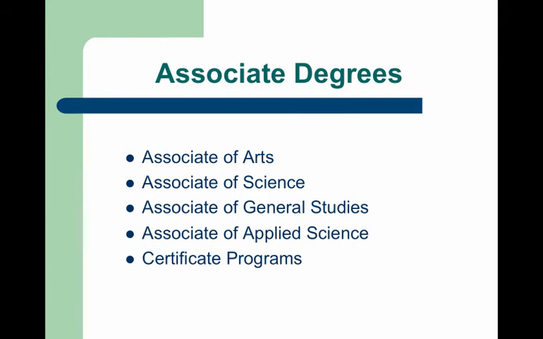But those require only about 17 gen eds, and the rest are in your major. Very minimum, most of those require 35 plus hours in your major. So if you're doing criminal justice, you have to have at least 35, and there are certain classes. You can't just take any 35 hours of criminal justice. So you do need to follow a program.